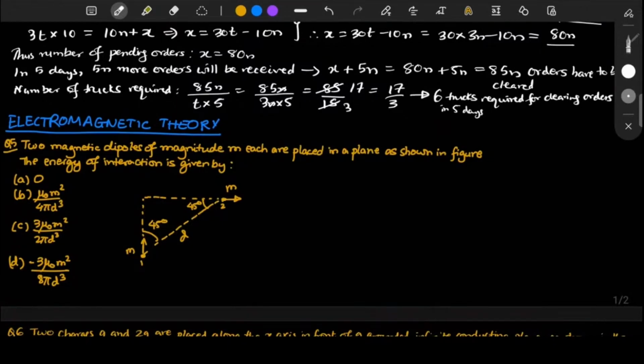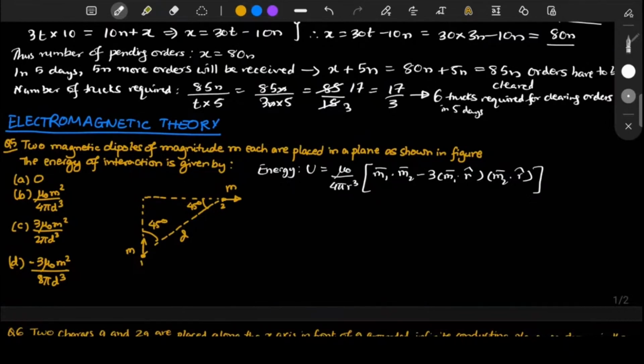So we know that the formula for energy between two dipoles, the energy between any two dipoles is given as follows: mu naught over 4 pi r cube, m1 dot m2 minus 3 m1 dot r cap times m2 dot r cap. So this is the energy of interaction between the two dipoles.